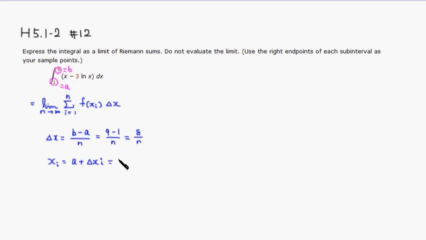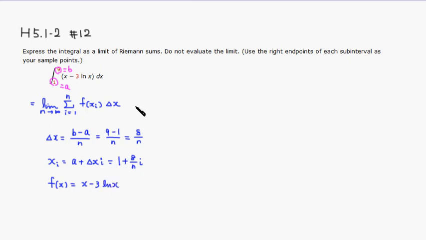A is 1, so it's going to be 1 plus delta x, which is 8 over n, times i. So that's xi. The function f of x is just the integrand, so in this case x minus 3 natural log of x.